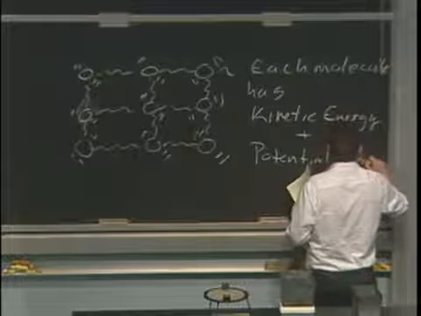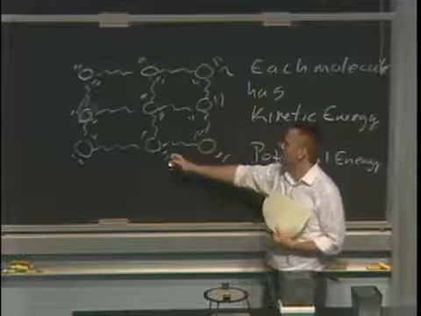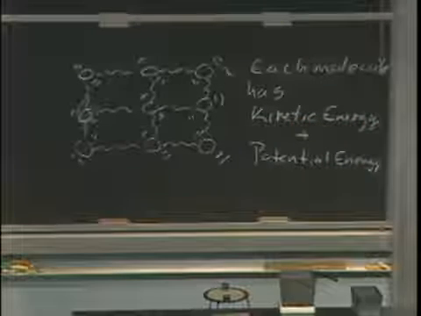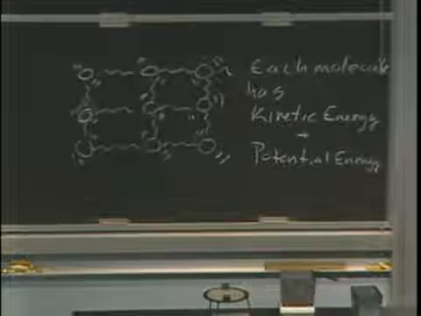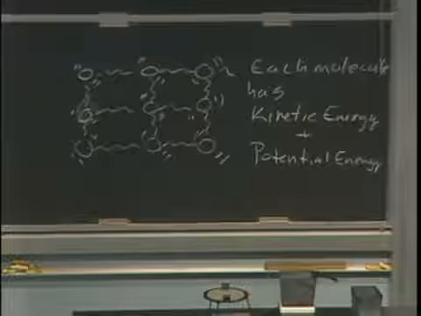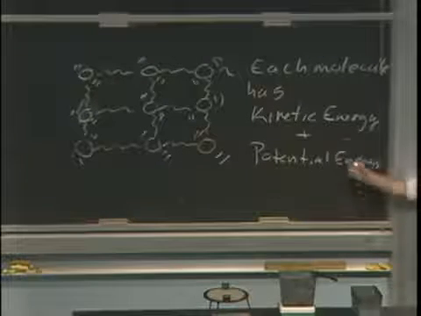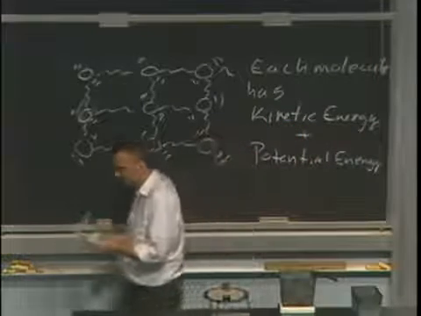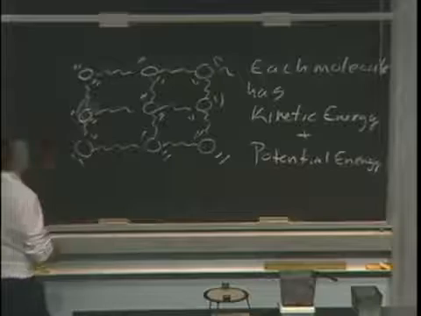Potential energy comes from these bonds, the chemical bonds that are keeping it in solid or liquid form, which is basically, like I said, acting like little springs that are attaching it to its neighbors. So each one of these molecules has kinetic energy and it has potential energy. So that is for a solid and liquid.